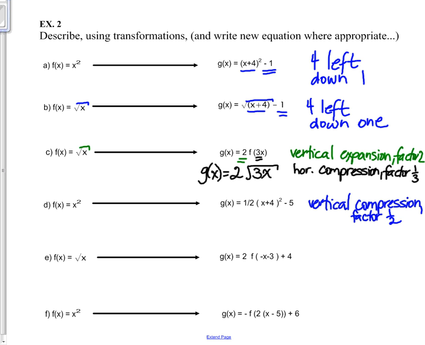Over 1 up 1/2, over 2 up 2, and so on. The next thing in order is x plus 4 inside the function, so it's a horizontal translation 4 to the left. Lastly, I have to subtract 5 on the outside of the function, so that will be a vertical translation 5 down.